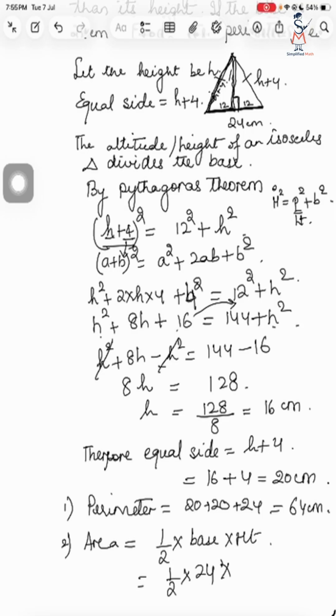The height we have calculated is 16. So half of 24 is 12, and 12 into 16 is 192. This is the area, so it becomes 192 centimeter square. So this is how we calculate the perimeter and area of this triangle.